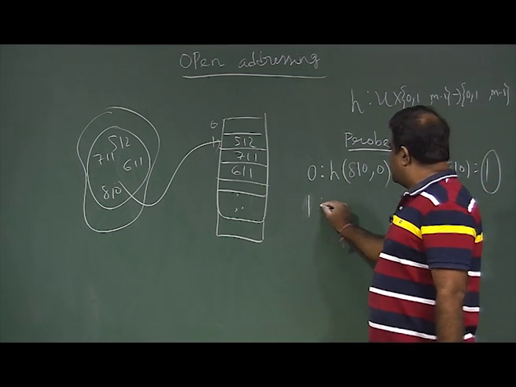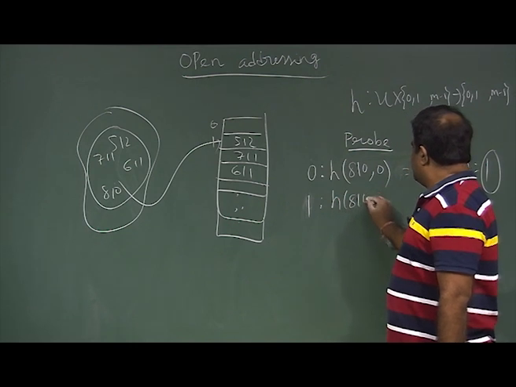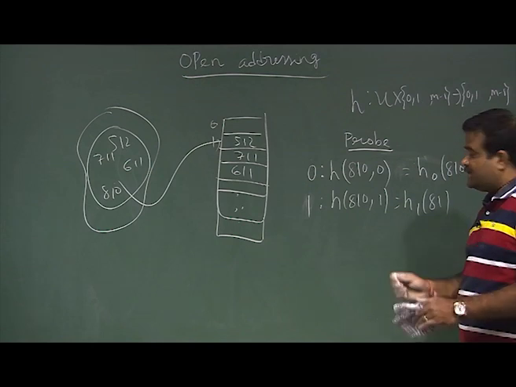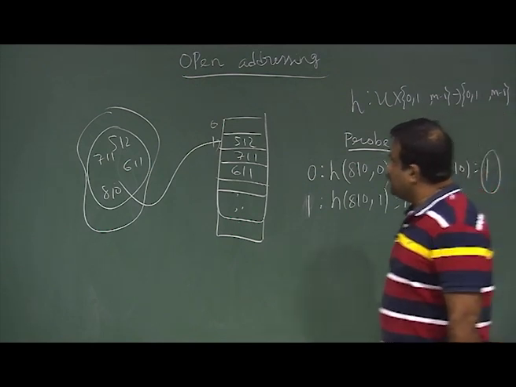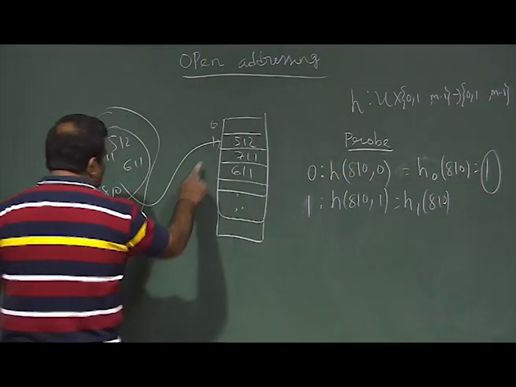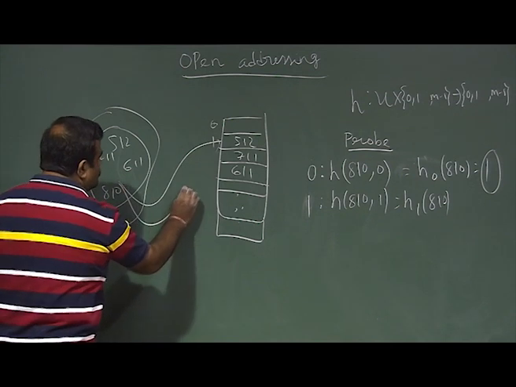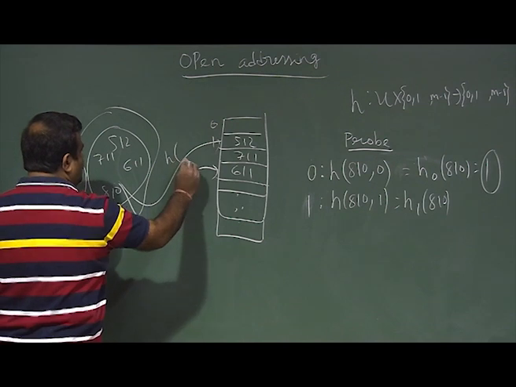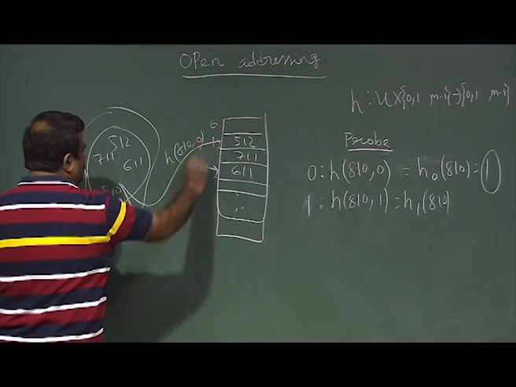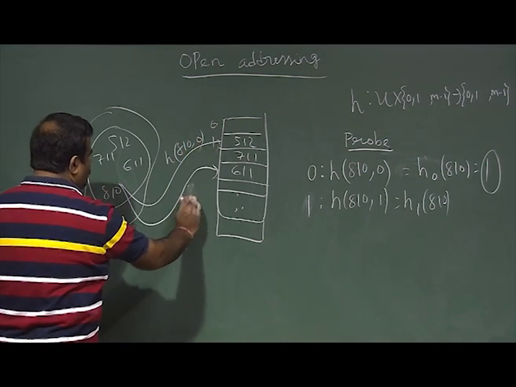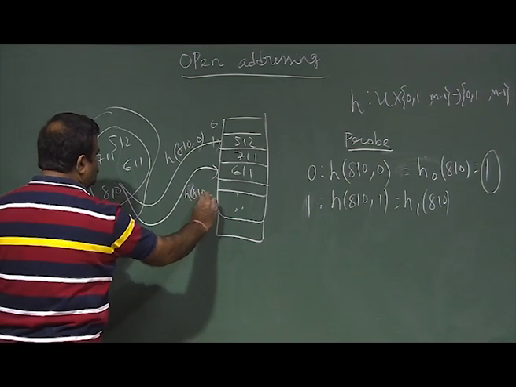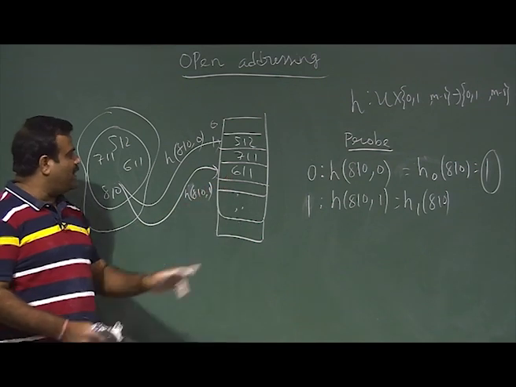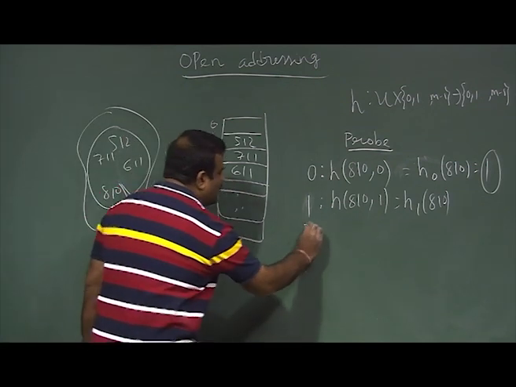Then we go for the next probe of 810. This is basically h1 of 810, as if we have a sequence of hash functions. Because if we use the same hash function, it will hit here. So, suppose it is hitting some slot, again occupied, then we have to go for the next probe.